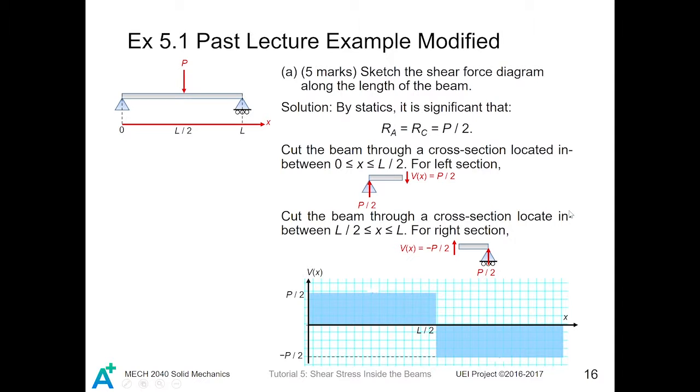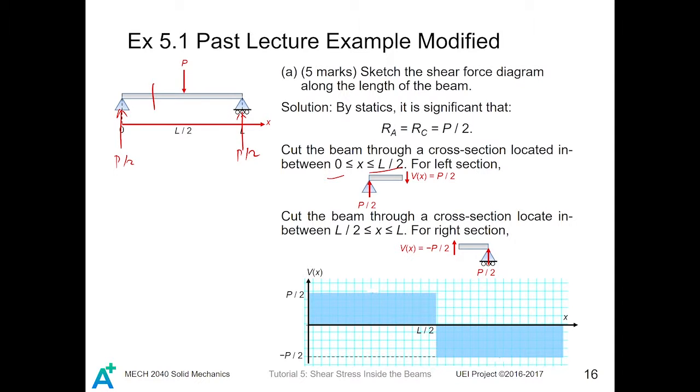First, we sketch the shear force diagram along the length of the beam, which is very easy. If we cut the beam between 0 and L/2, here, then by the sign convention of the beam, the shear force inside the beam is Vx equals P divided by 2, because the two supports each carry a load of P/2.